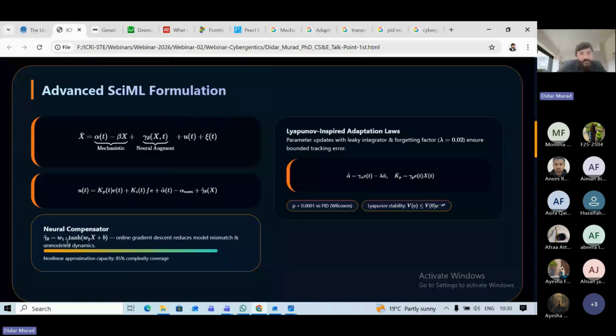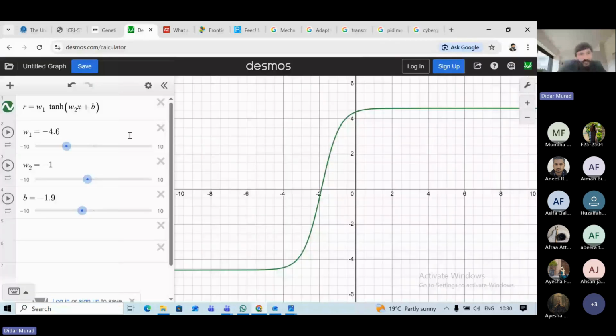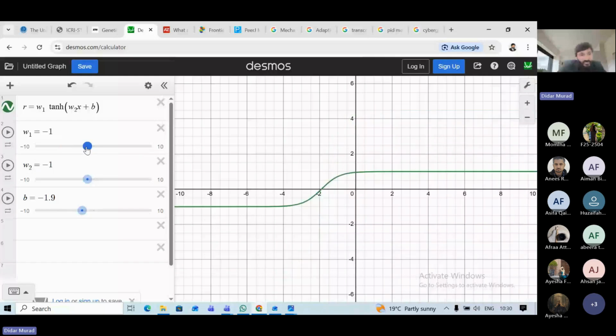I want to give a demo of it, please. Look here, this is the demo I developed for you in my demo calculator: r equals W1 tanh(W2 x). You can change W1 and x according to your desire, depending on your machine learning and how you adjust these things.